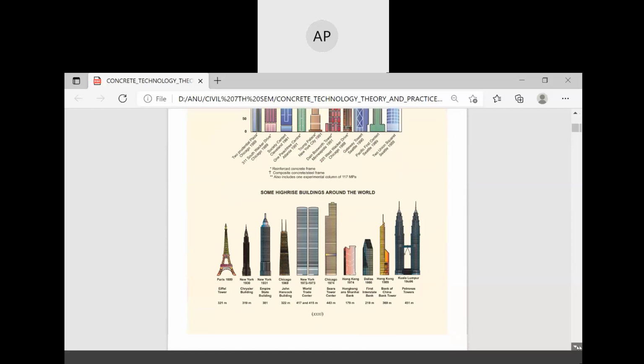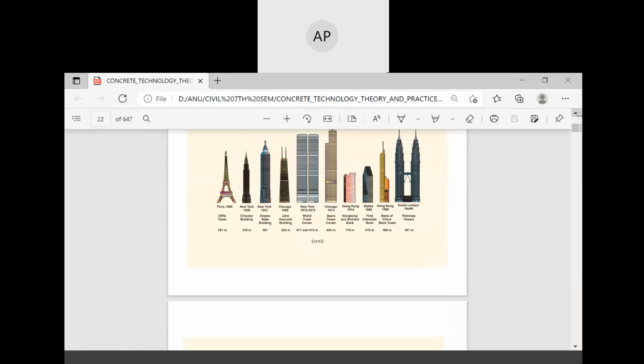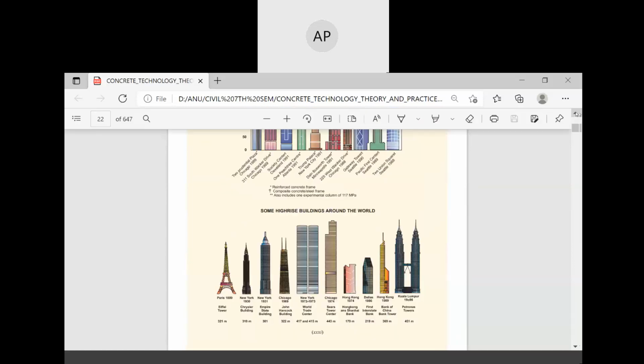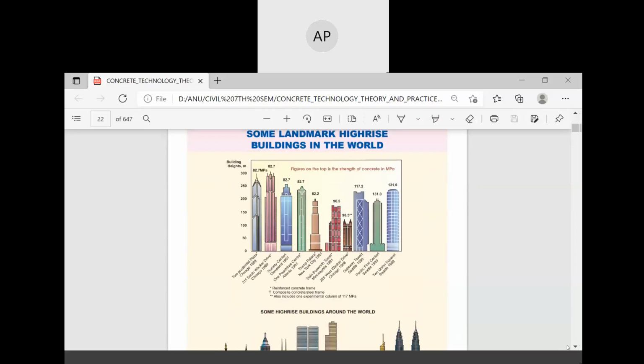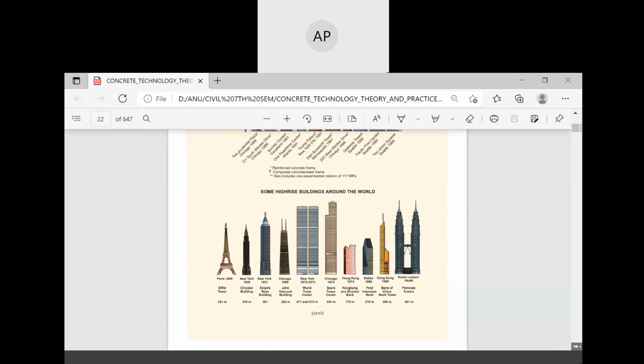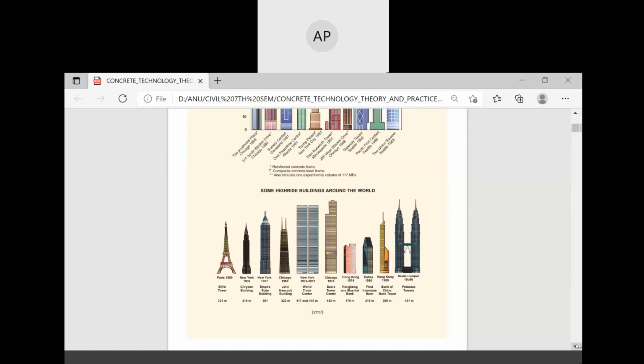Okay, so in this figure, some background of concrete technology is given. That means the structures which are made up of concrete. And here, some tallest high-rise buildings are given as examples. That one is your Eiffel Tower in Paris, Empire State Building, New York, Chicago, John Hancock Building.